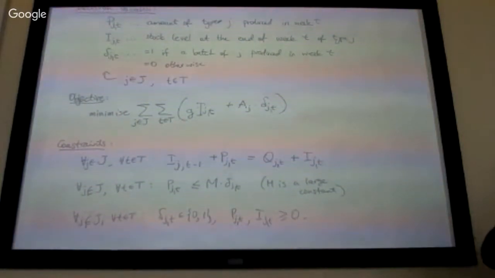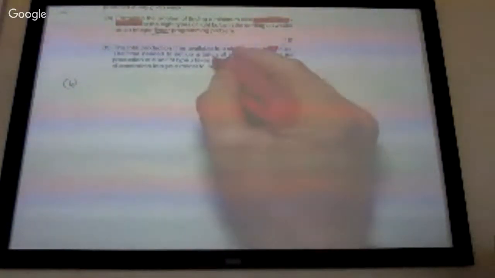No? What's part B? Work hours. Part B, now you have R hours. So there are some new parameters: R, UJ for setting up, and KJ for producing a light bulb.